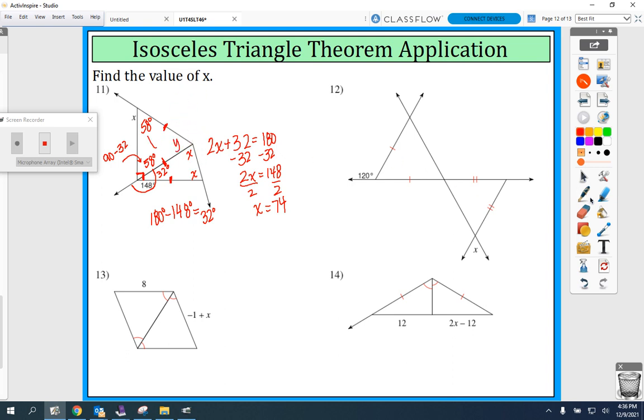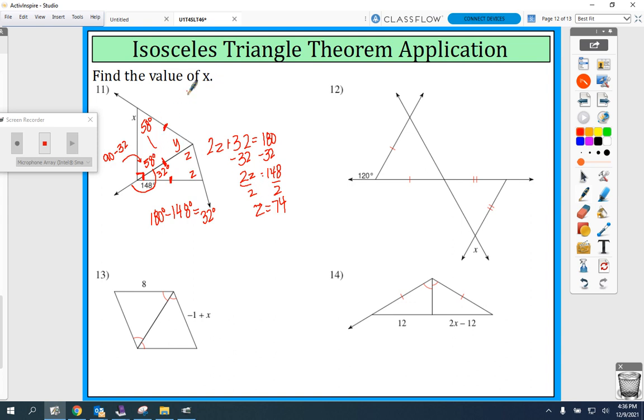Actually, I shouldn't have called that x, should I? I should have called that a different letter because I already have an x in this figure. So why don't I just call it z? How about that? So z is 74. These are both 58.